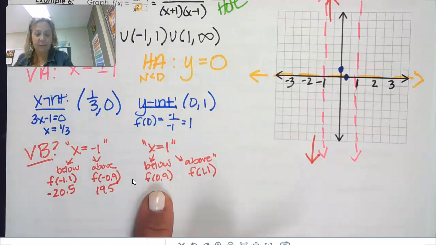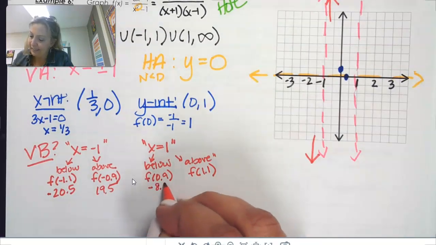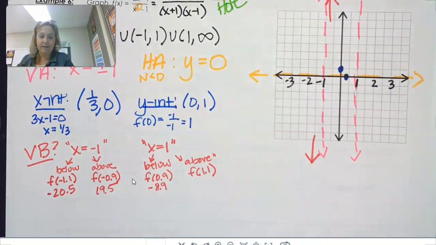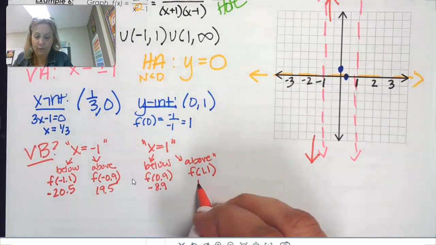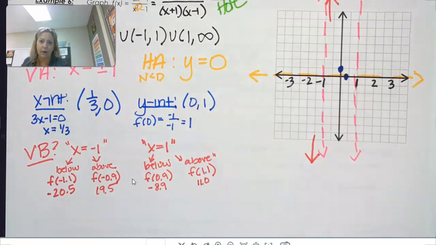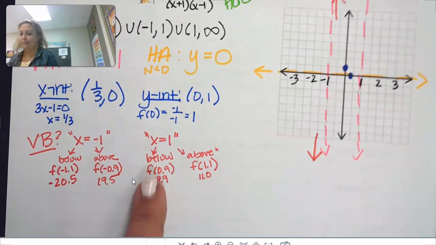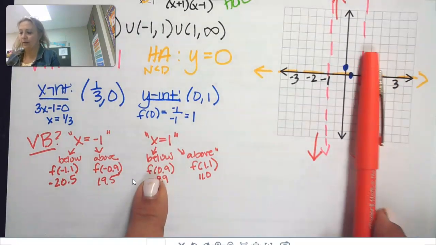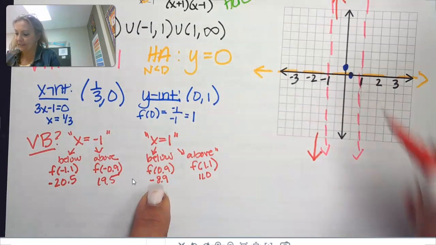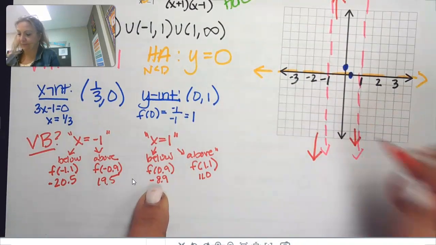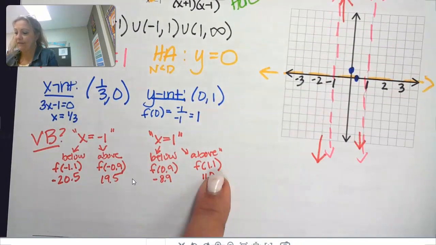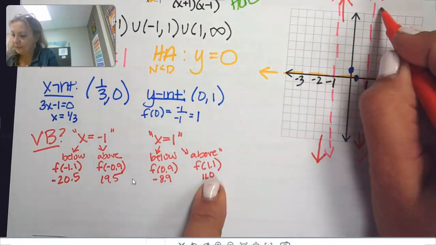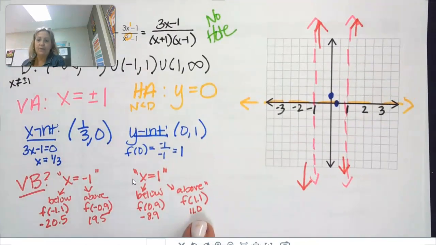If I find f of 0.9, I end up getting -8.9. And if I find f of 1.1, I get 11.0. So what that means is that below x equals 1, I see this negative, it's going to be going down this way. And above x equals 1, it's going to be going up this way.